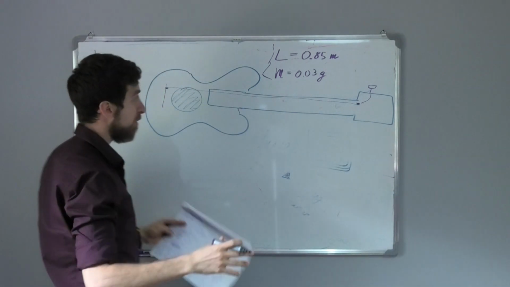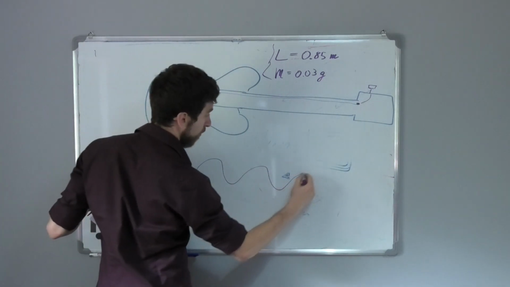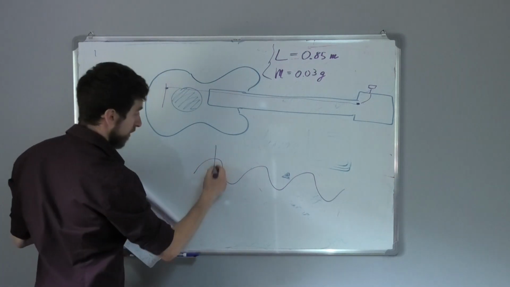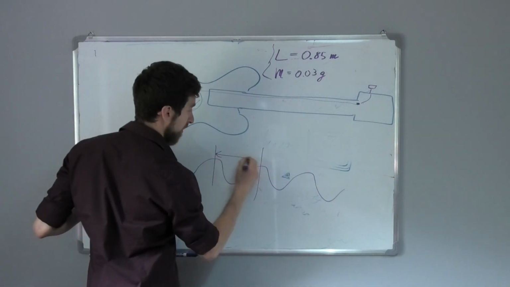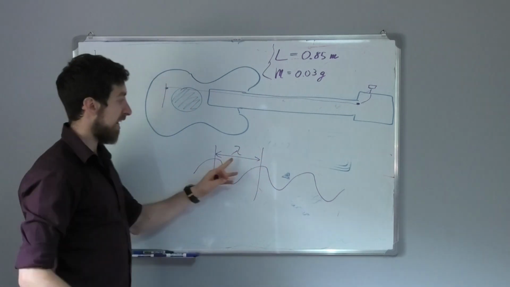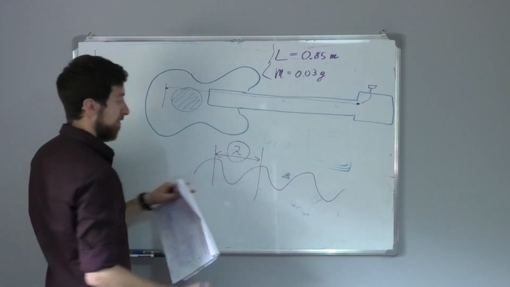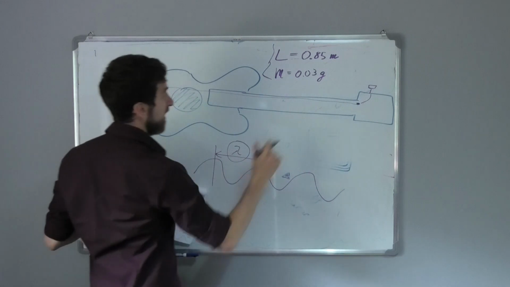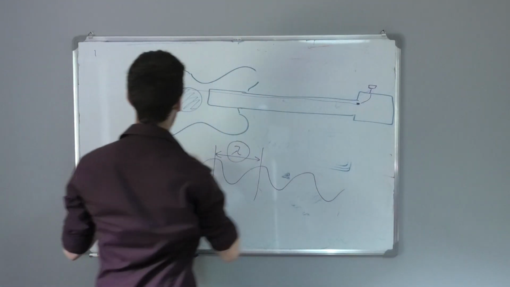I don't know if you remember in the lecture you saw about waves, that if you draw a wave, and take some random point and the same point after a period, this distance is denoted as lambda. This is the wavelength. Let's delete the given data, let's clean it up a little bit.